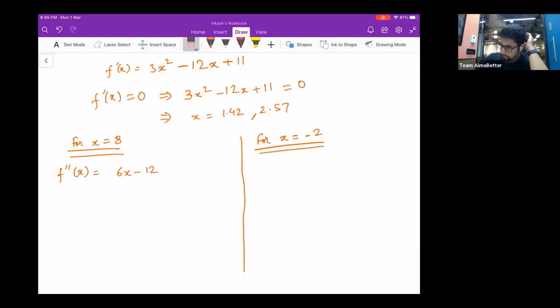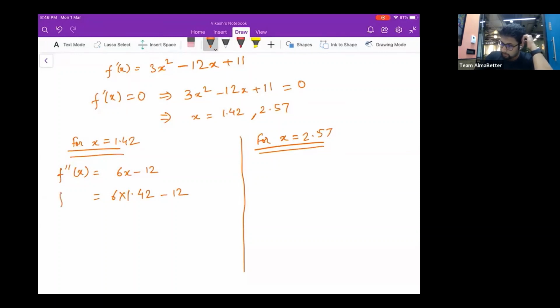So we will check for these values, right? So what is the value of the double derivative at these points? So let's try it out. So at x equal to 1.42, 6 into 1.42 minus 12.